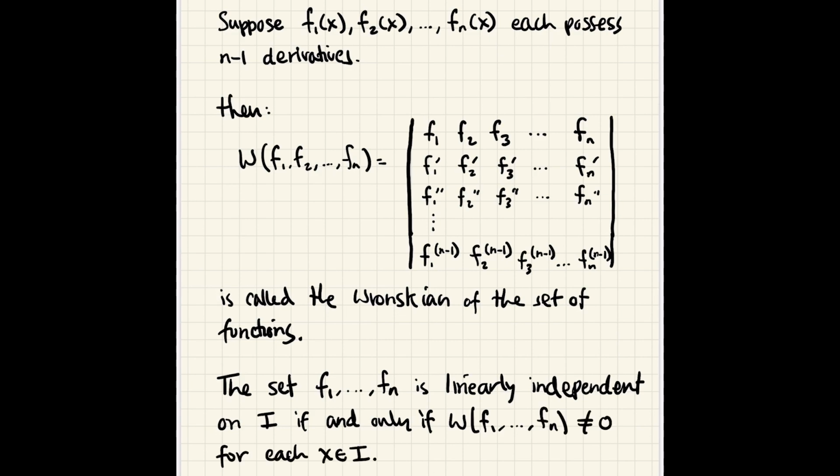So if we have a set of functions and we're trying to determine whether that set is linearly dependent or independent, it's a matter of working out the Wronskian for that set, meaning the determinant of the matrix consisting of this particular pattern. And if the Wronskian is non-zero for all x values under consideration, then yes, the functions are linearly independent. All right, let's check out some examples.